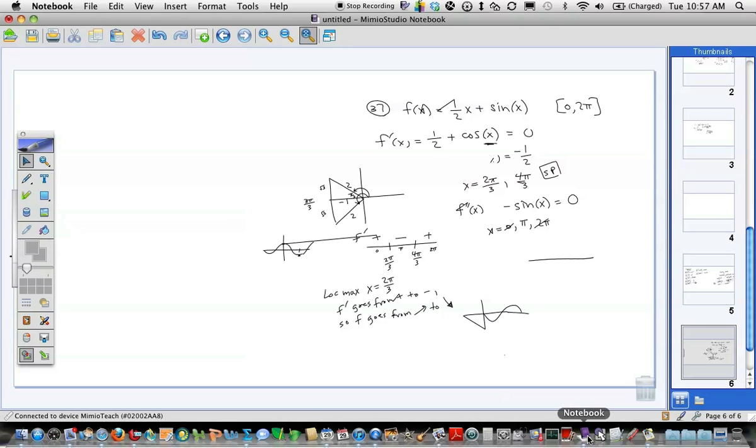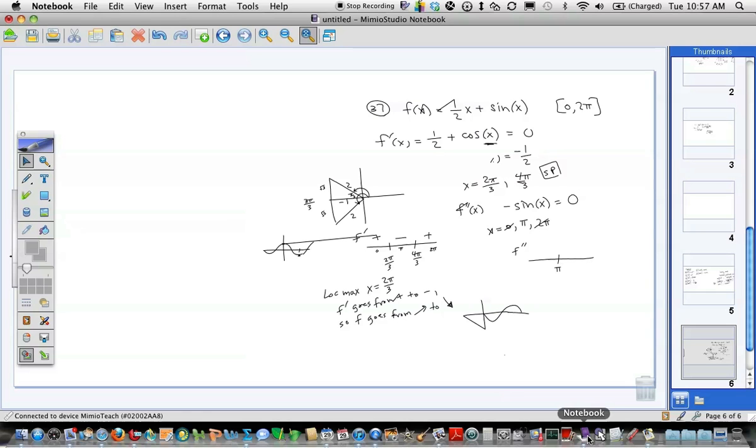So I'm going to label this F double prime. I'm going to put pi on there. Because local max, local min, and inflection points, we always want to see both sides of it to tell if it's changing concavity, or if it's going increasing, decreasing. So at the ends, we usually won't include those. Might be wrong on points of inflection, but for right now, let's not worry about that.